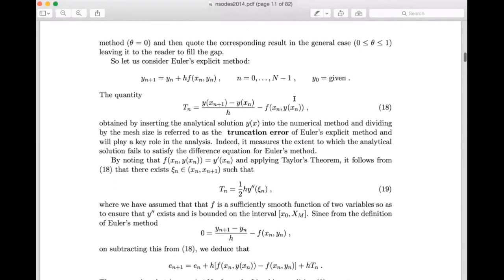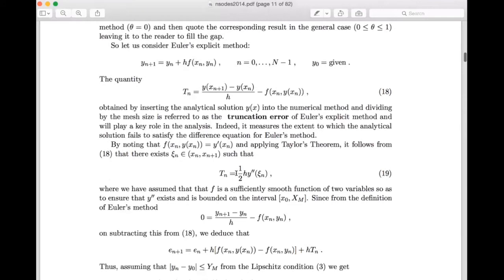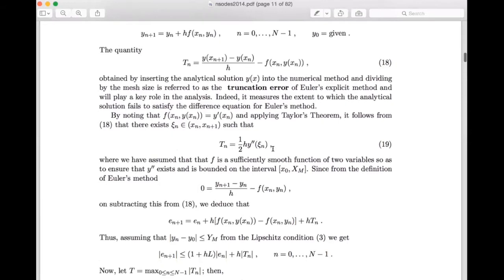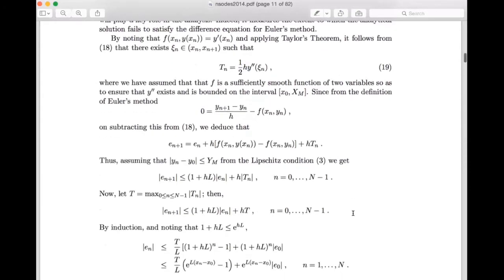So we have this truncation error, and in that way we calculate it. It is coming out to be 1/2 h double prime. So you will see that the order of the convergence is defined by the consistency error, and the order of a method is defined by the order of the truncation error. So it's coming out to be 1 for the Euler method.